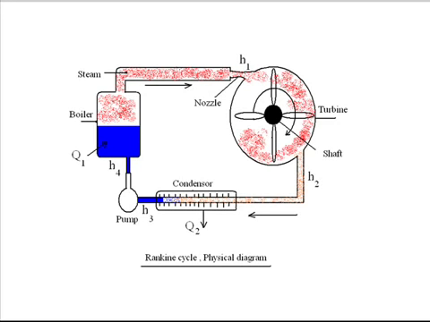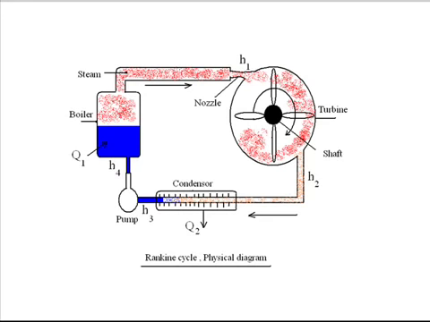When the steam does work on the turbine blades, it comes out from the outlet of the turbine with enthalpy H2. Now this used steam is sent to a condenser where it is cooled and again converted into water.